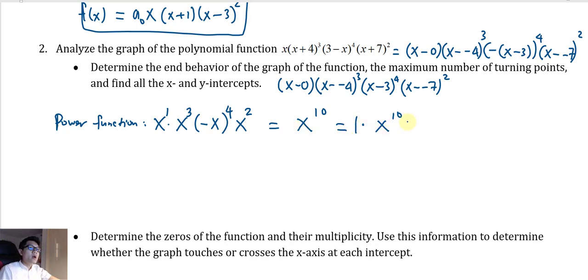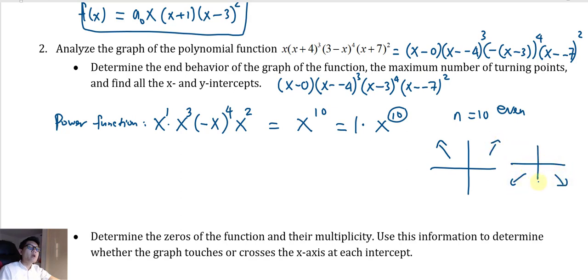Now we know that the power n is even, which means we have two cases: both ends go up or both ends go down. Which one do I pick here? It will depend on the number in front.